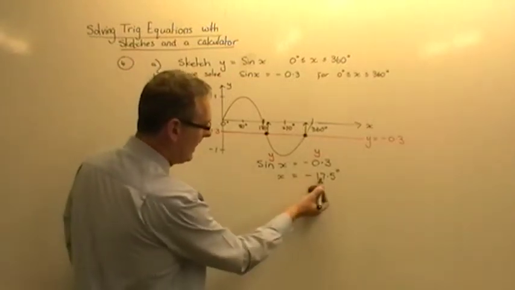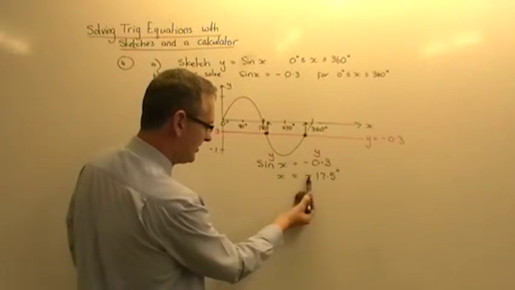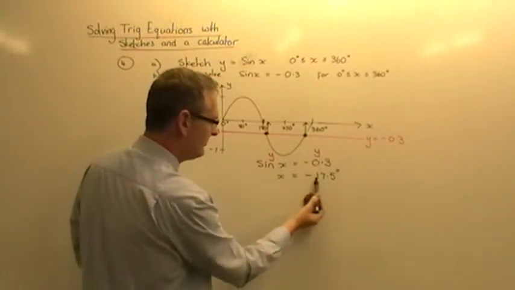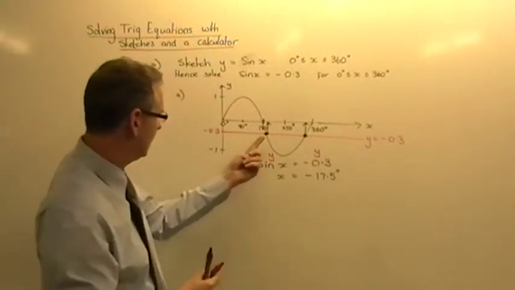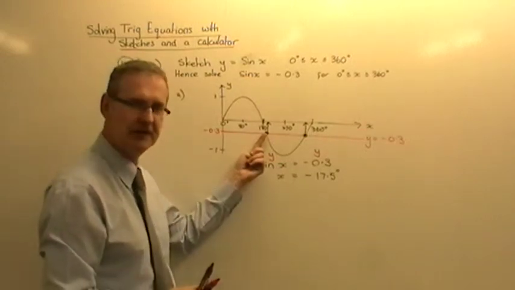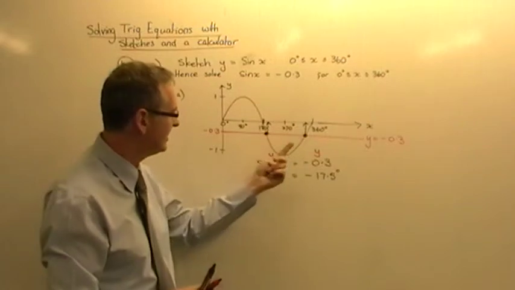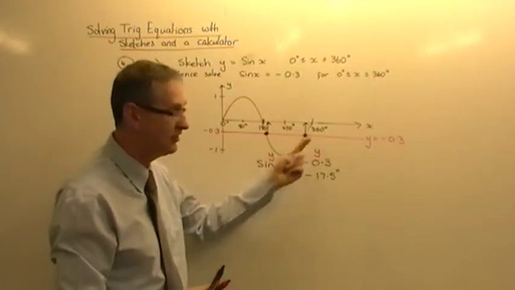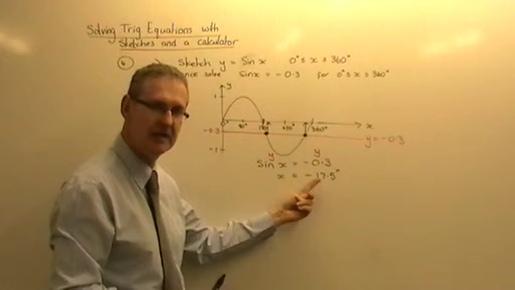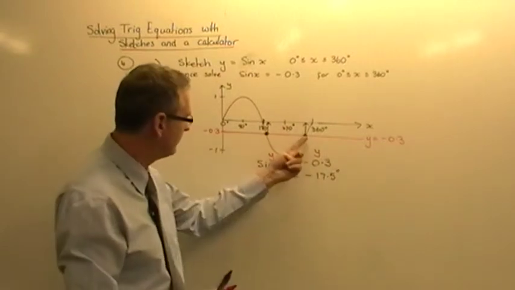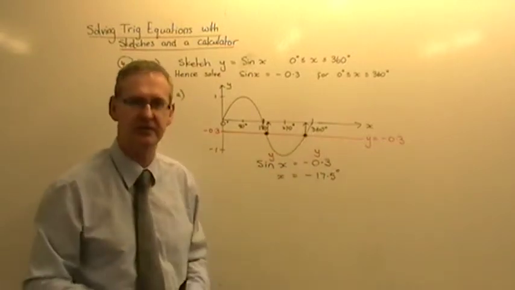You can see we have got a problem because the first answer, minus 17.5, well, looking at that, that is definitely not minus 17.5. That is an answer more than 180, and that is an answer very close to 360. So what the calculator gives is not corresponding to one of those 2 answers.